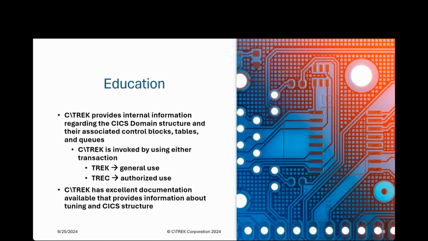Let's have your Top Secret or RACF control the action, and you'll see what you can do with the TREC transaction a little bit later on. Okay, and again, it has excellent documentation, so that you can also learn about internals about CICS by just looking at the documentation we provide.